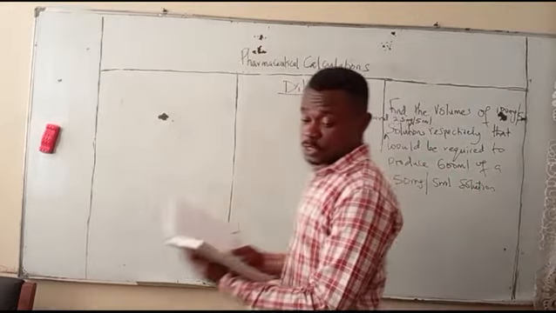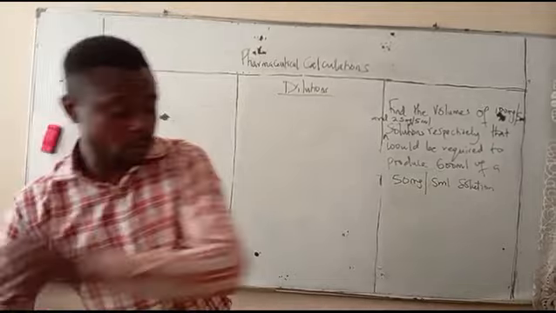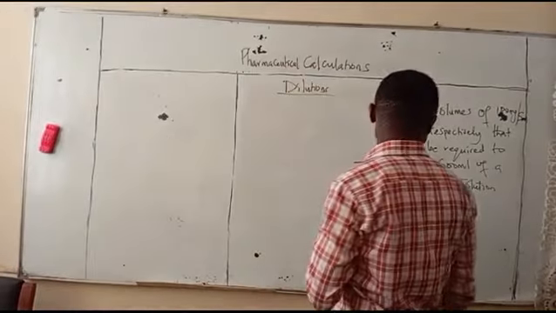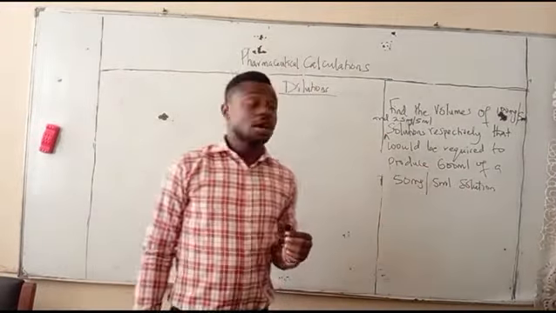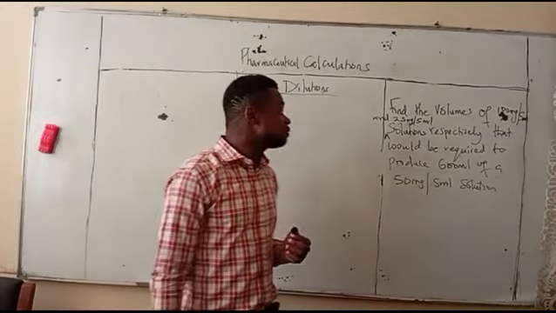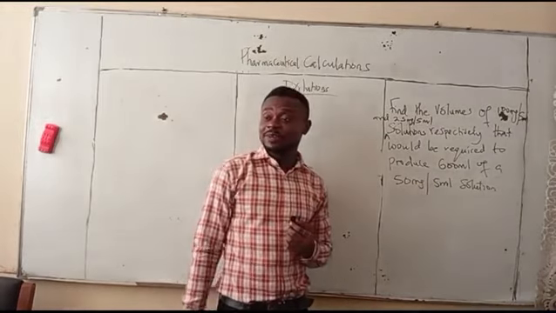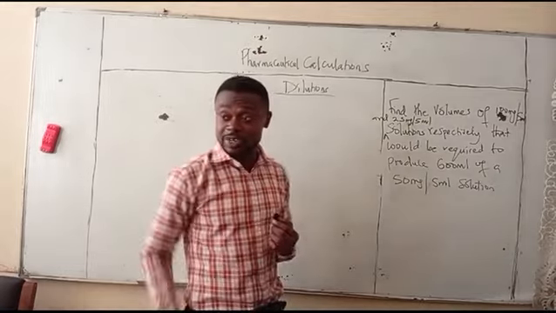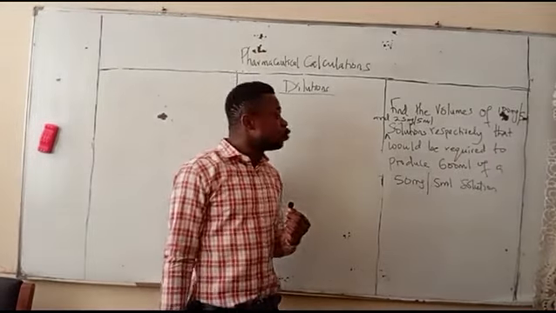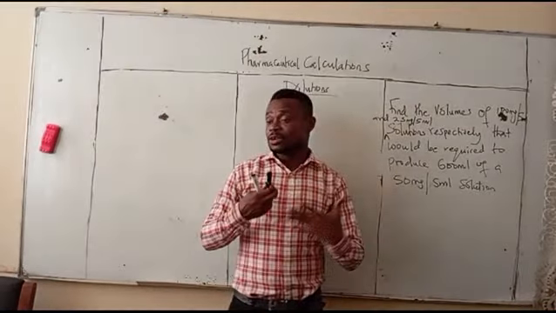The question says, find the volumes of 100 milligram per 5 ml and 25 milligram per 5 ml solutions, respectively, that would be required for mixing, concentration allegation.